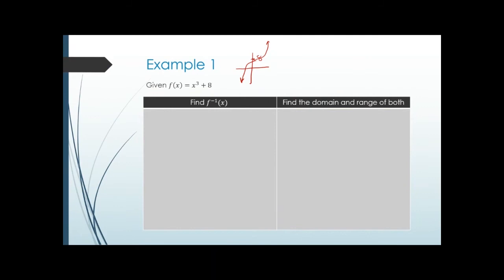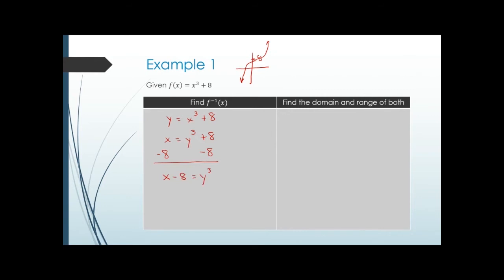We can find the inverse. The first step is to replace f of x with y. So I have y equals x cubed plus 8. Then you flip-flop the x and the y. So then we have x equals y cubed plus 8. And now you solve for y. I'm going to start by subtracting 8 from both sides. So I have x minus 8 equals y cubed.